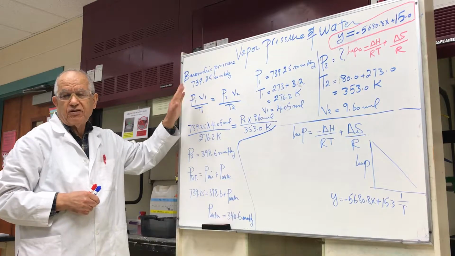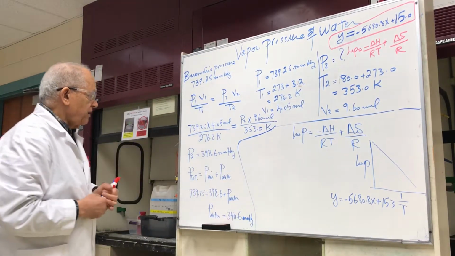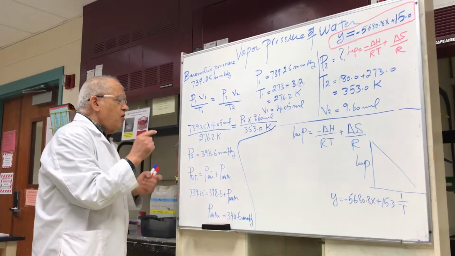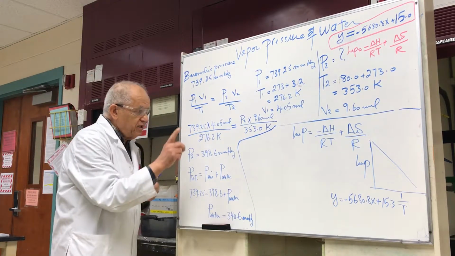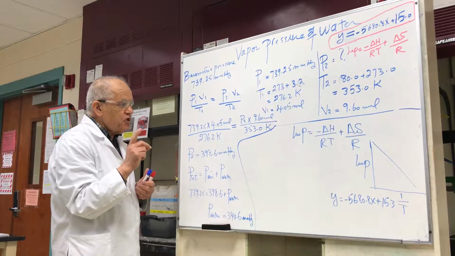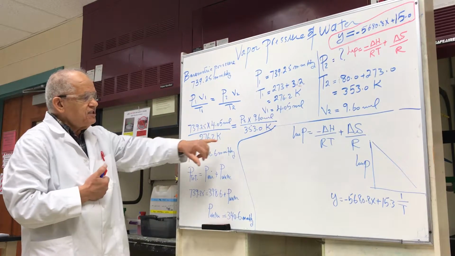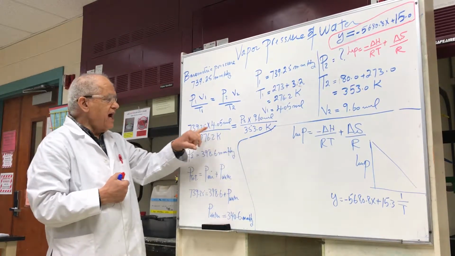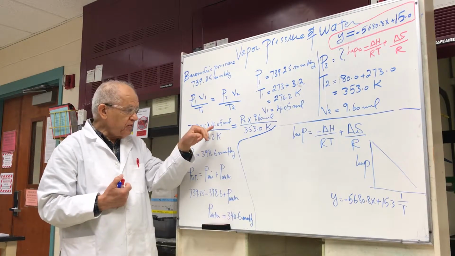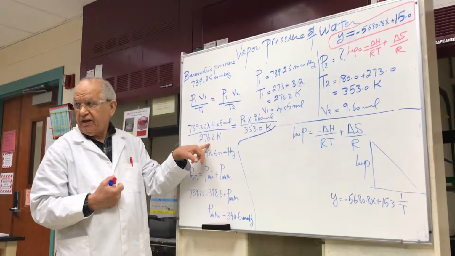You know, this is a combination of Charles's law, Boyle's law, and so on. For this one, I picked those numbers here. I just did it for one calculation, to determine the pressure of air at 80 degrees centigrade. Now for P1 V1, I'm going to assume that's only air, and volume was 405, and temperature was 3.2 here.